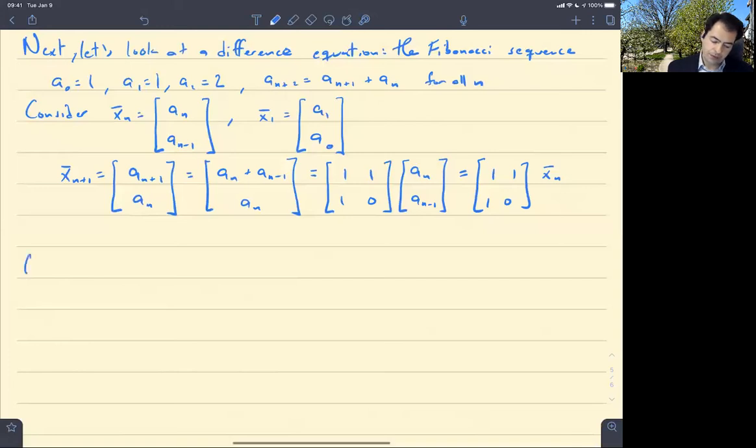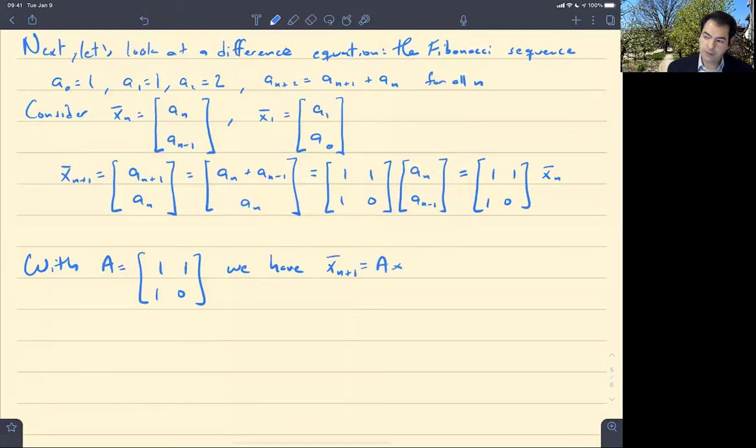So with A equal to the matrix 1, 1, 1, 0, we have x_(n+1) equal to A times x_n.